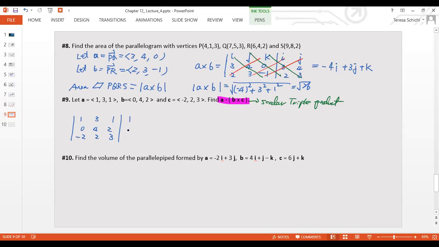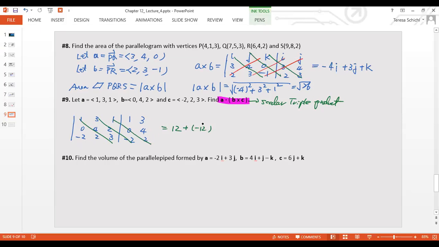We can do it the same way. We put out the first two columns. Let's do it one more time. So this is 1 times 4 times 3, which is 12, plus 3 times 2 times negative 2, which is negative 12.